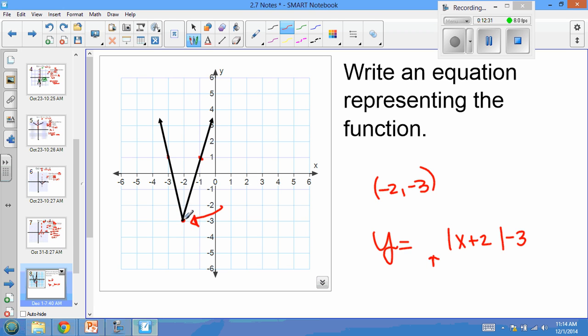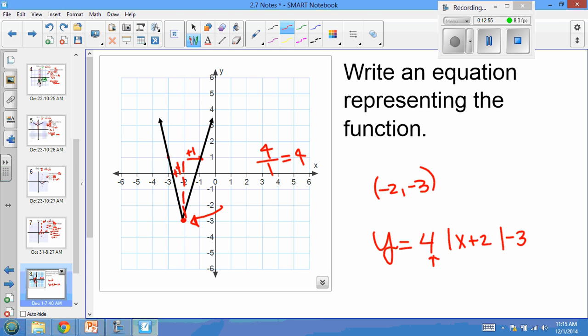That's how we're going to get our value of a. So from our vertex, we're going up 1, 2, 3, 4. So up 4 is a +4. And then I went right 1, which is a +1. So I went up 4 over 1, which gives me a +4. So I know y equals 4 times the absolute value of x plus 2 minus 3.